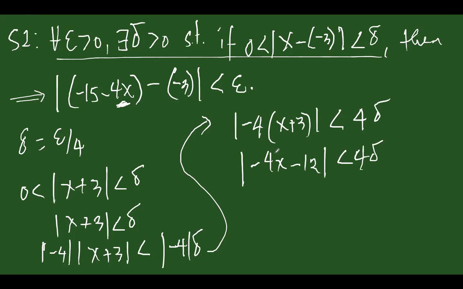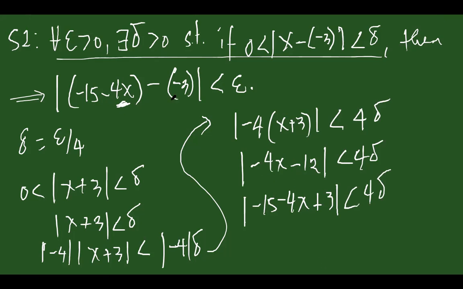But then again, we should express the left-hand side in terms of the given expression. There must be negative 15, so negative 15 minus 4x, and if this is 12, this must be plus 3, because negative 15 plus 3 is equal to negative 12. It's less than 4 delta, correct?